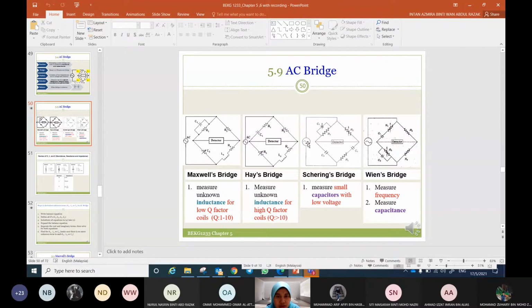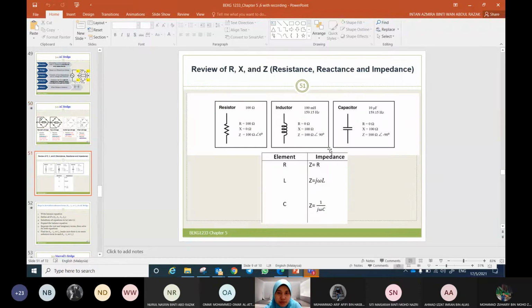Sometimes we will ask other constructions, not only these four bridges. So no need to memorize the construction. What you should know is how to derive the unknown parameters Rs, Ls, and Cx.